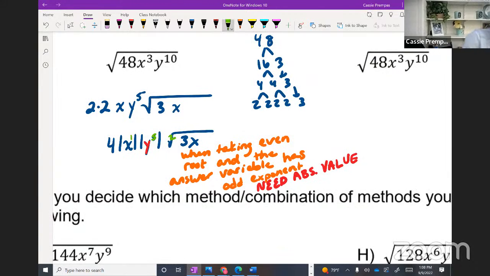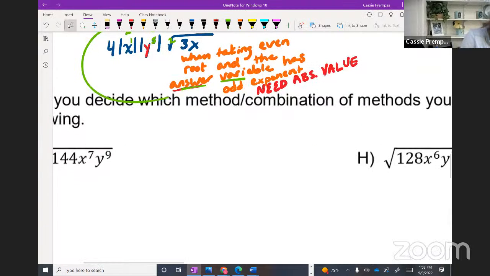And I'll even show you the answer variable that's pointing to these, the 1 and the 5. If you didn't quite catch why I need absolute value, I would memorize this because that's going to be the key takeaway for you to being successful with simplifying even radicals.